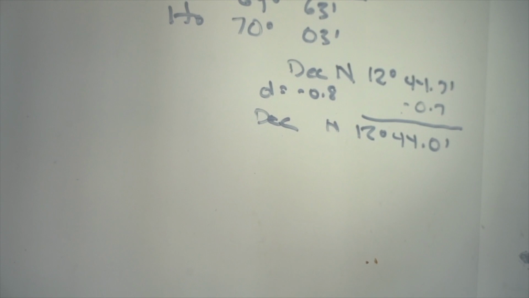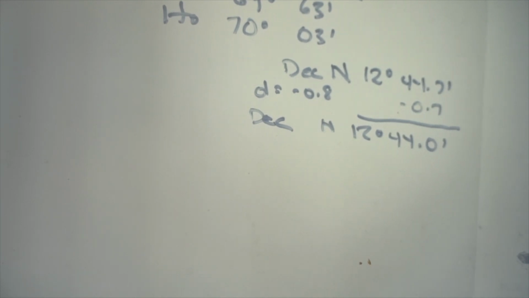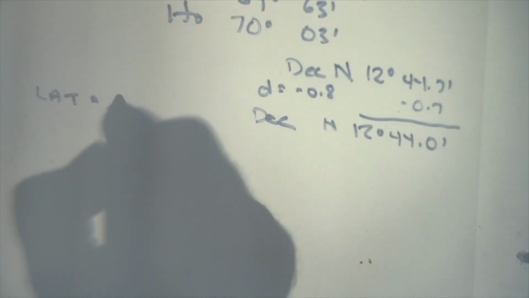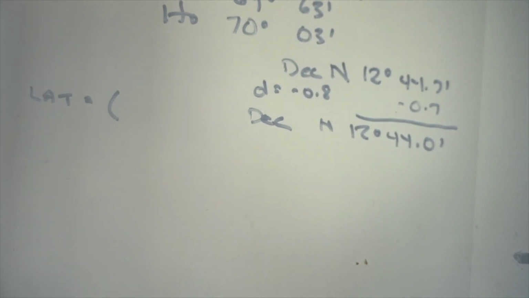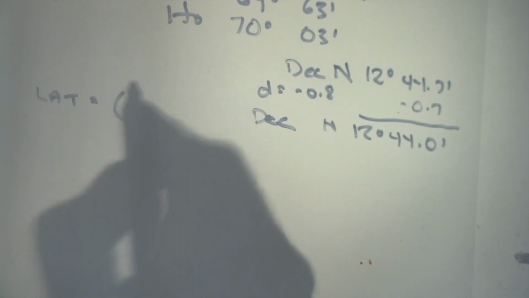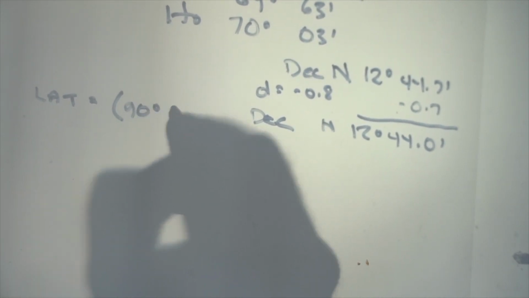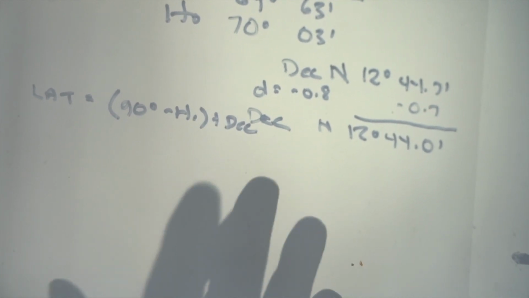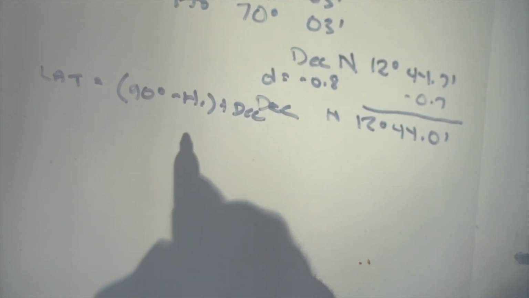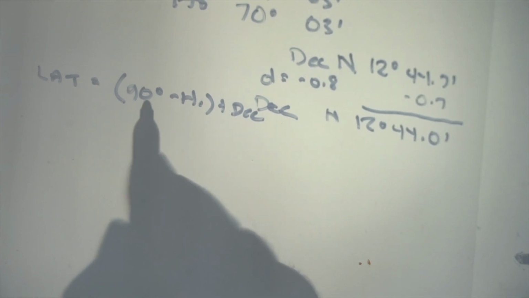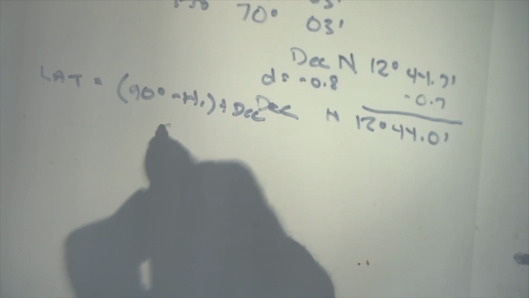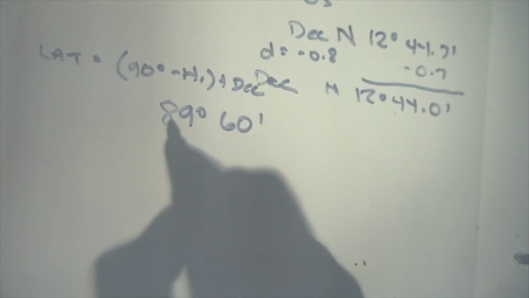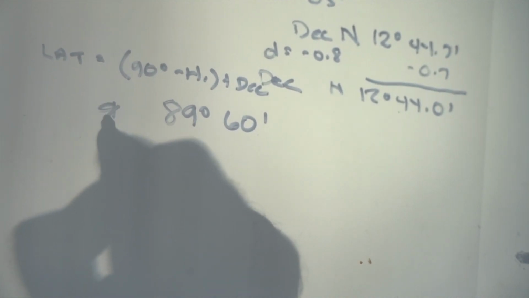So in that instance, of the three that we're talking about, the latitude equals 90 degrees minus HO plus the declination. What I typically do here is take that 90 degrees and make it 89 degrees 60 minutes, so we don't have a carrying over mistake. That's the number we get here.